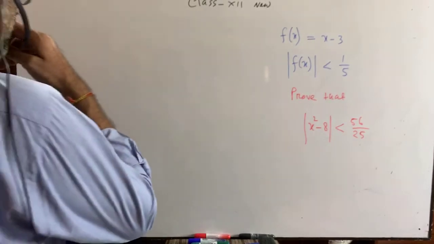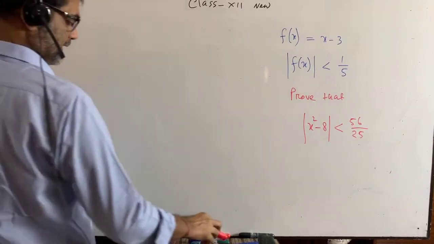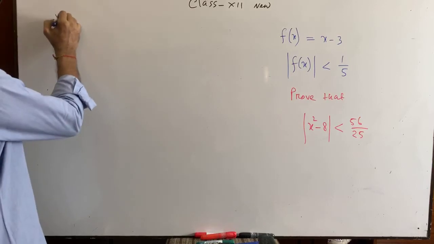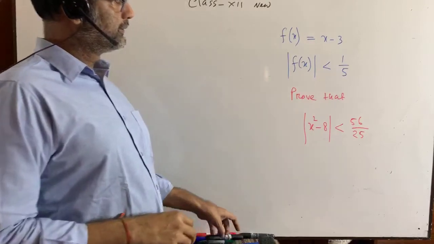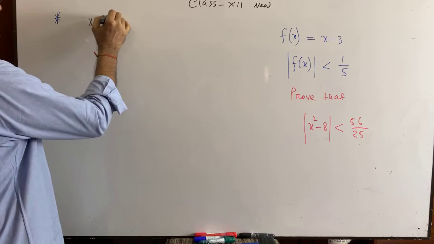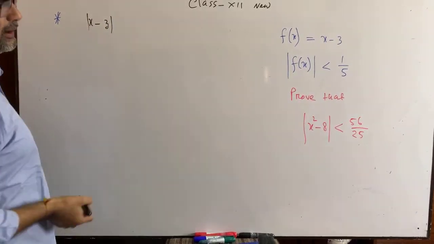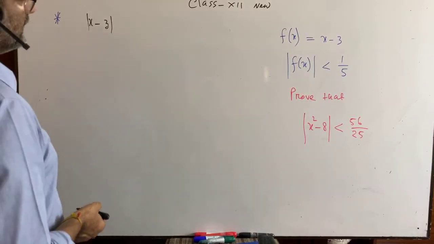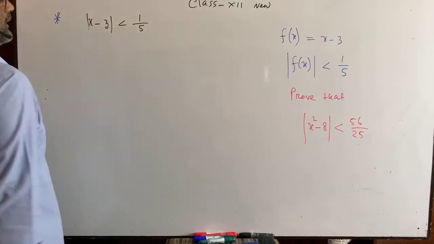Okay, you see what we are getting. If I put the value of f(x) in the second part, then we are getting x minus 3 less than 1/5.